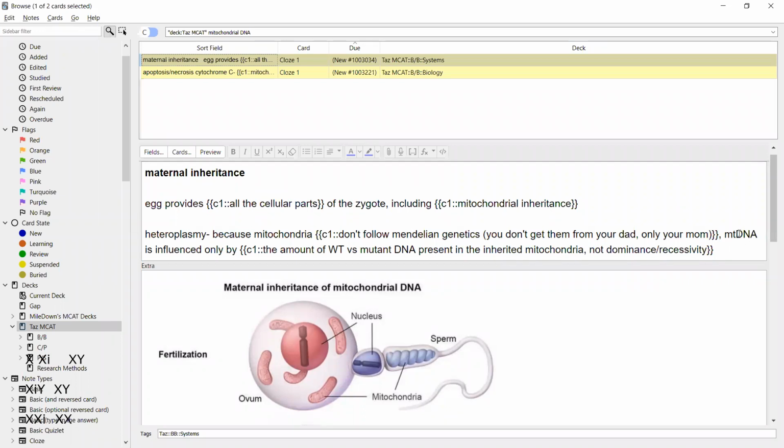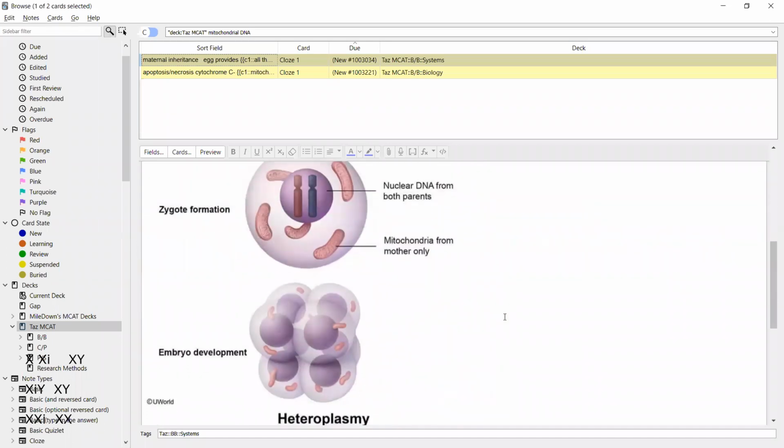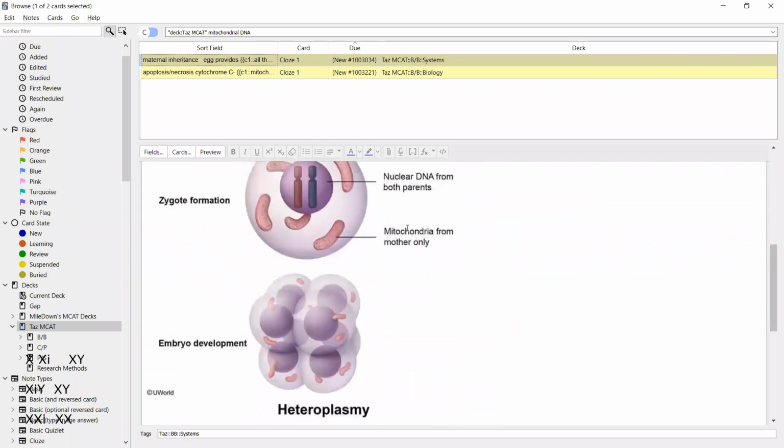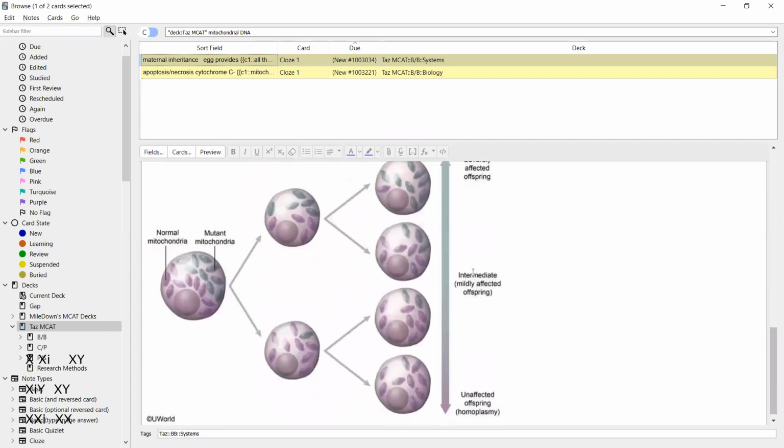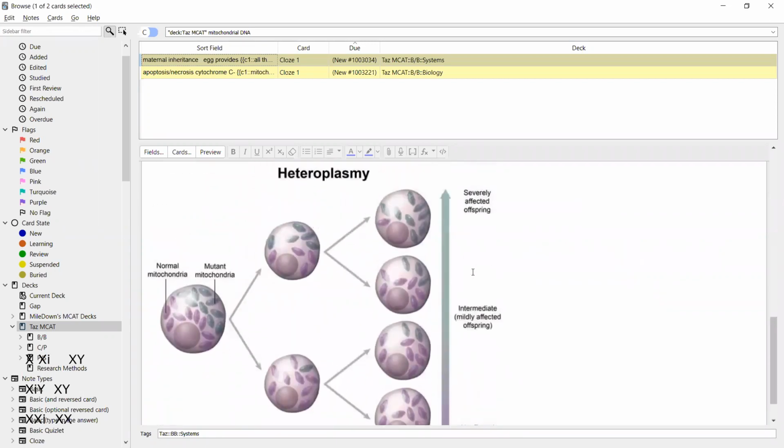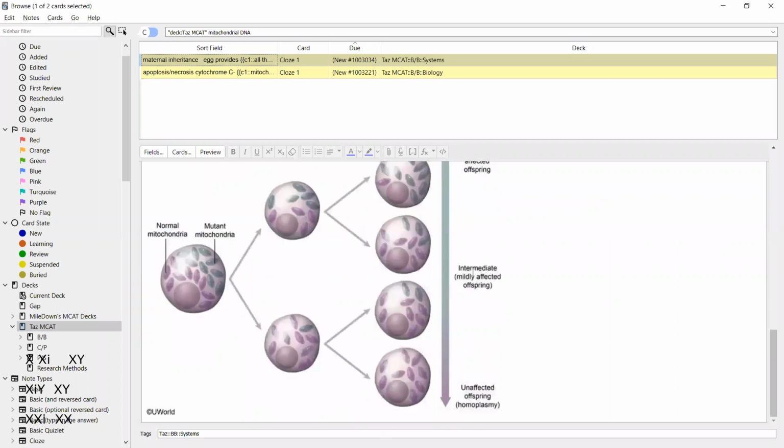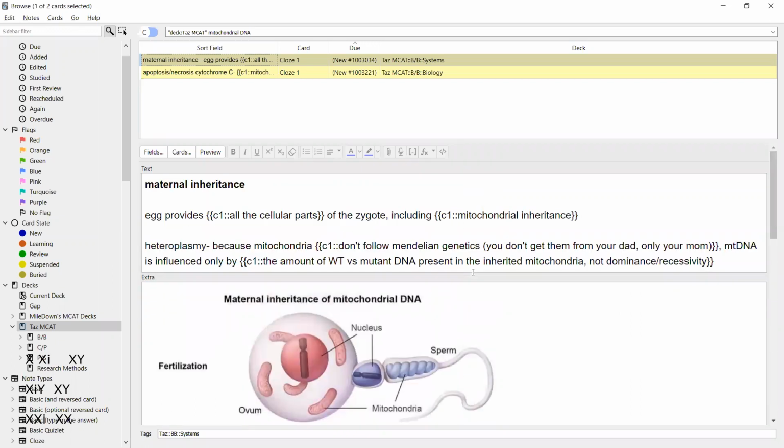So the mitochondrial DNA is coming from whatever your mom's mitochondrial DNA is. It's pretty interesting. The mitochondria is from the mother only. It's just a really interesting little edge thing.